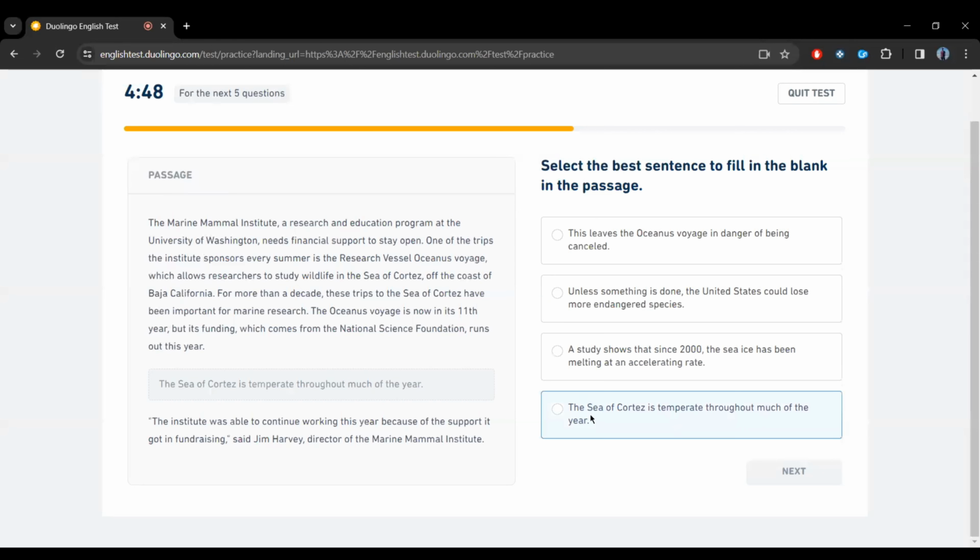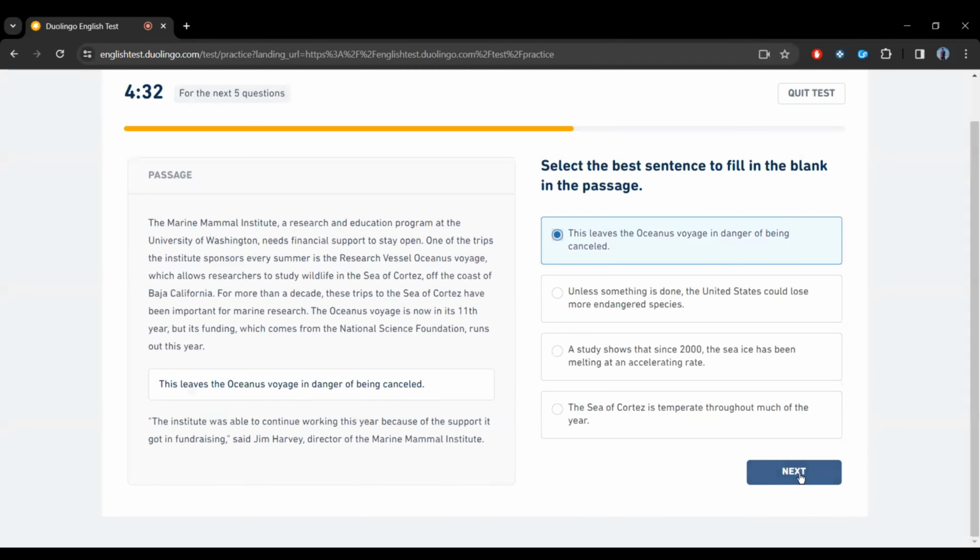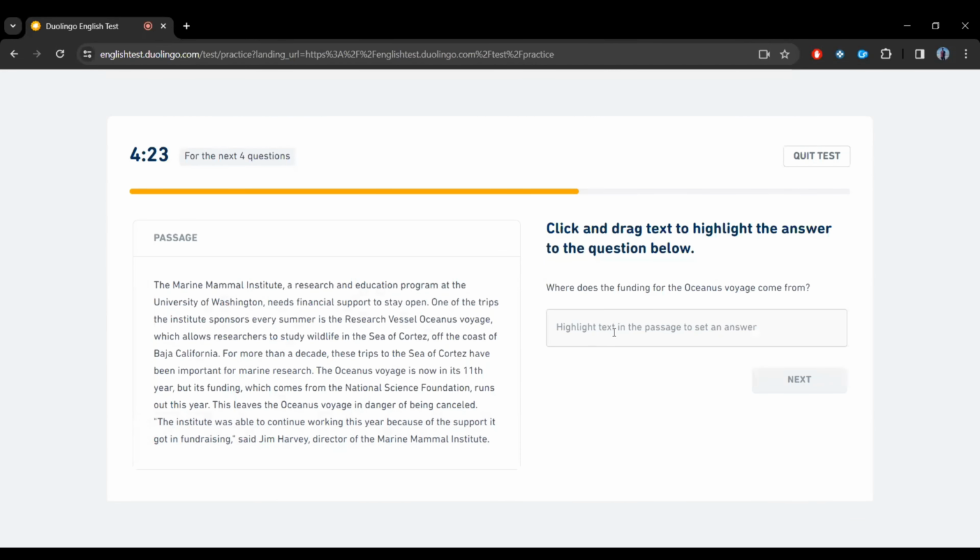The Sea of Cortez is important in marine research. Where is the funding for the ocean voyage?